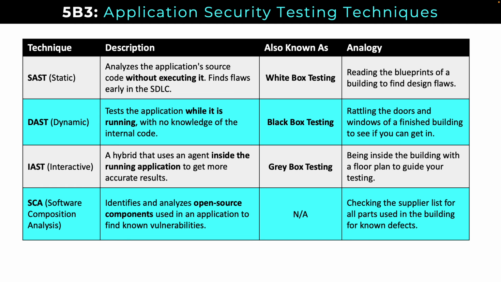And then software composition analysis, which identifies and analyzes open source components used in an application to find known vulnerabilities, to make sure that we are using up-to-date and secure open source components and libraries.